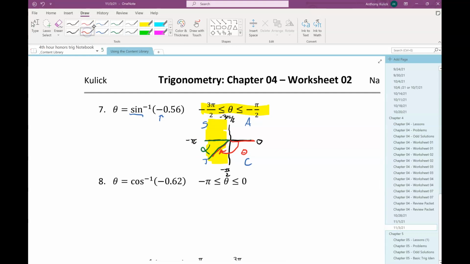So theta is going to be negative pi and then something alpha. Since the last axis we passed is vertical and theta is negative, that tells me we should be adding, where my alpha is sine inverse of the absolute value, negative 0.56.